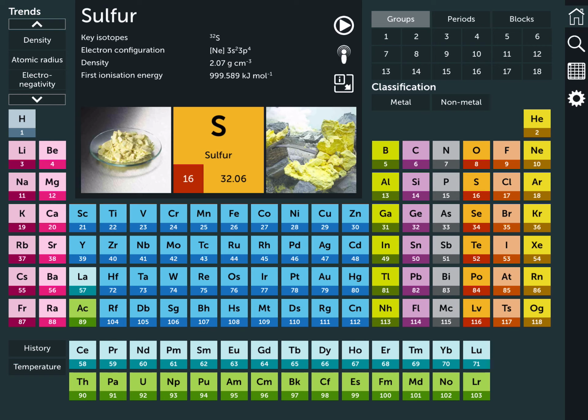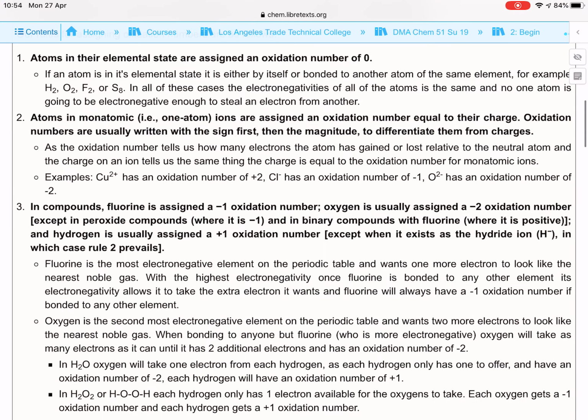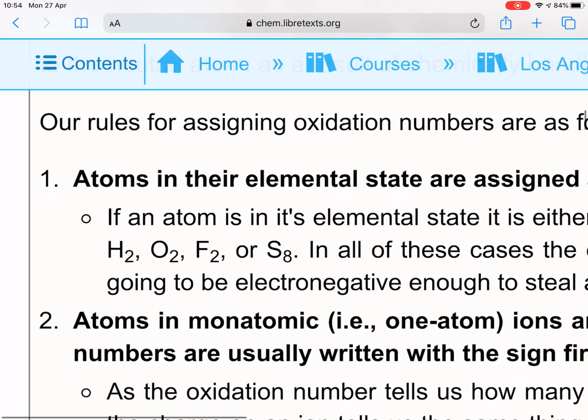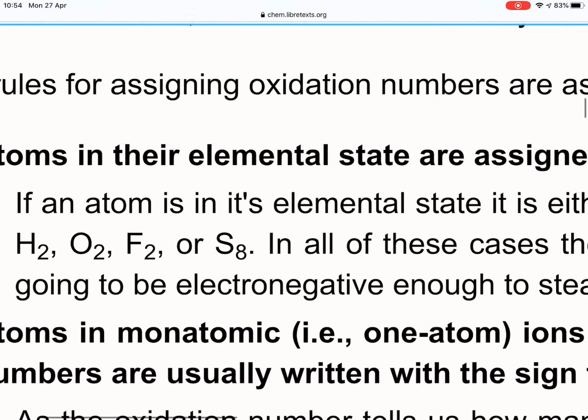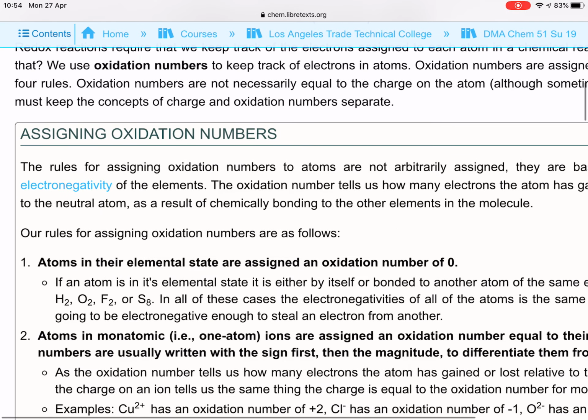This rule also includes atoms that are bonded with themselves. Here are some examples: H2, O2, F2, S8. You can put 8 sulfurs together. These are all bonded to themselves, and these also get an oxidation number of 0.